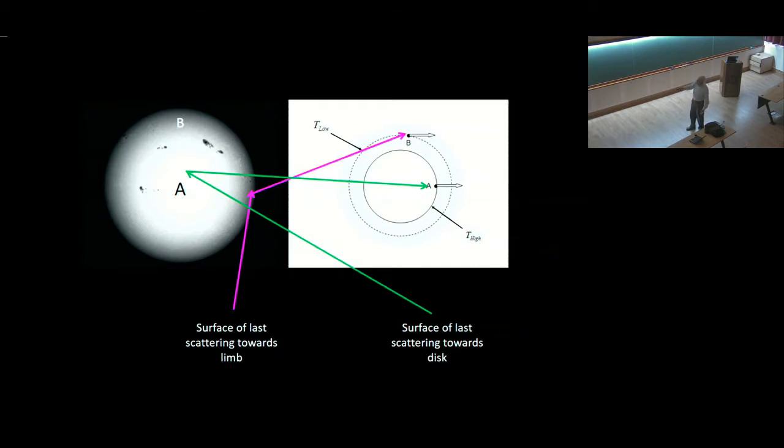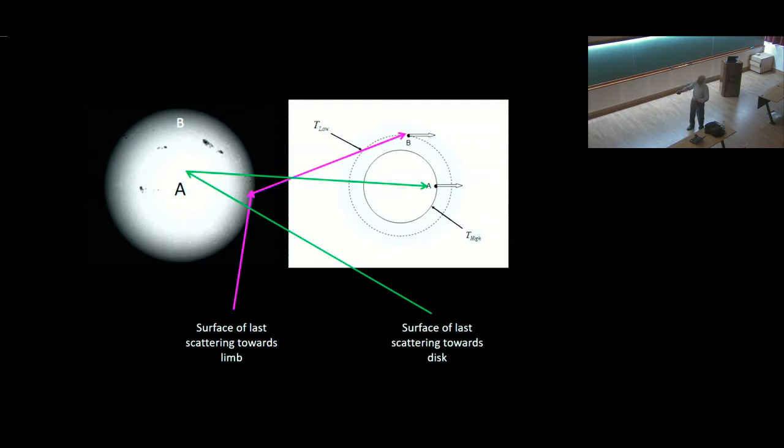Therefore, we can conclude that the temperature of this dashed sphere is lower than the temperature of this solid sphere, which is higher. And Kirchhoff taught us that the luminosity of a hot body depends upon the fourth power of the temperature.